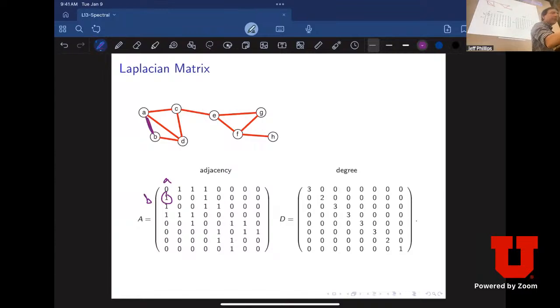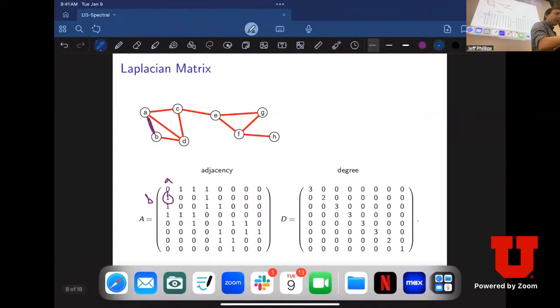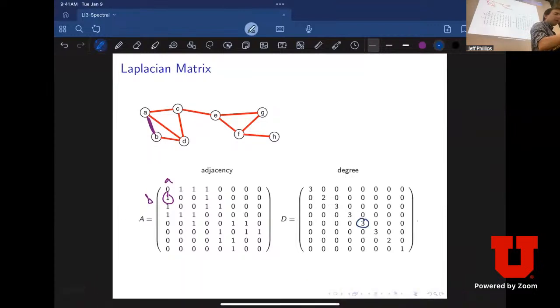The degree matrix tells me something about a node. Let's look at node E here. This is on the diagonal, so I only have entries on the diagonal of the matrix. The row and column correspond with E, and it has a 3 in it.